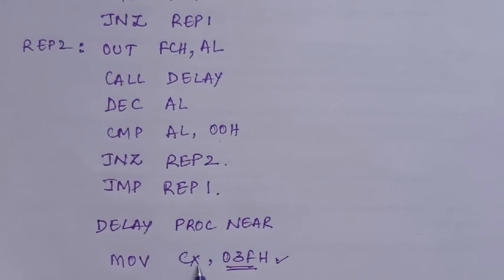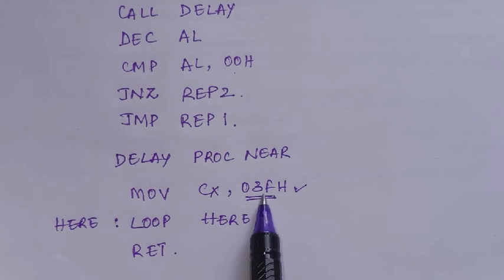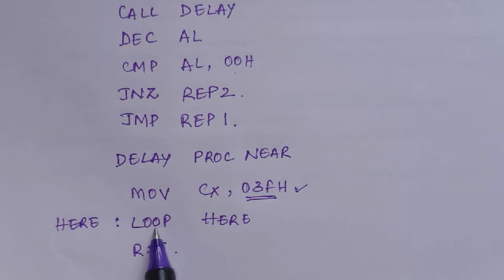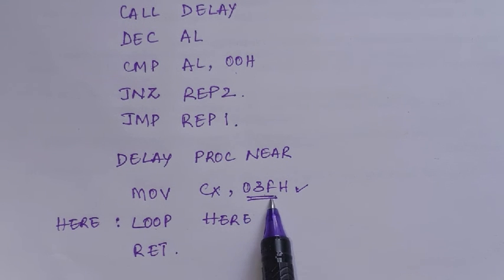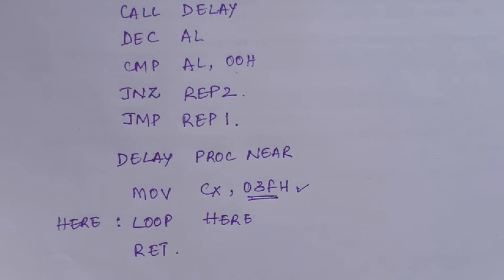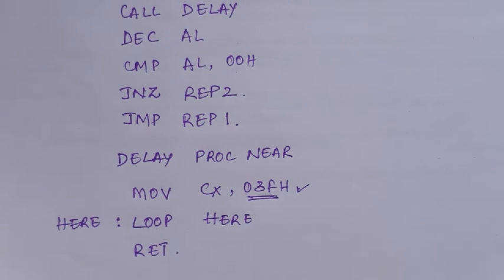Here a count is loaded. When the loop instruction gets executed, this count is decremented and compared. If it is not 0, it is again in the same loop. It executes this particular instruction how many times? 3F number of times. That is the delay which you are giving in between each of these increments or decrements.